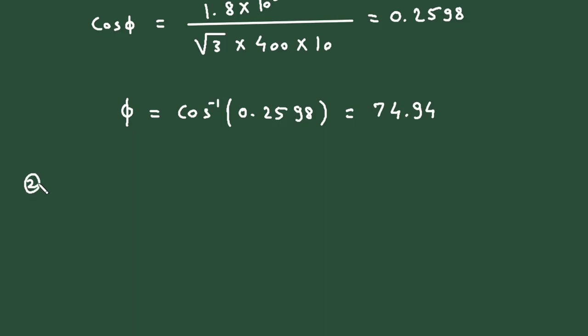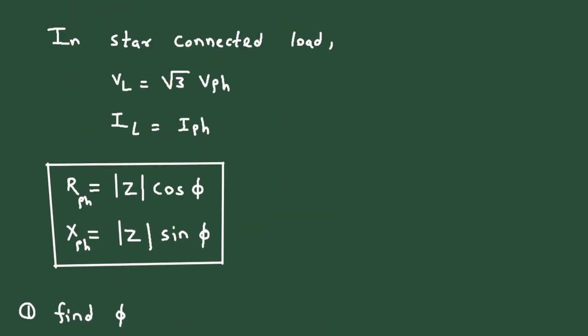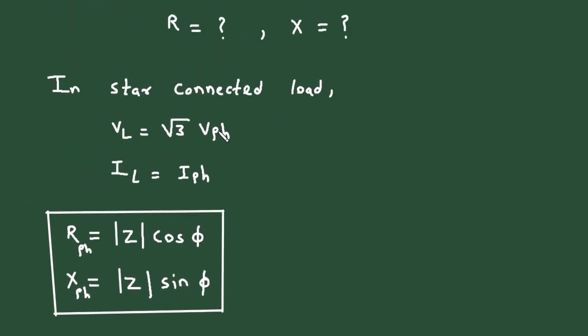Second, find impedance Z. We know that ZPH is equal to VPH divided by IPH. We have the value of line voltage, and the relation between line voltage and phase voltage gives VPH equal to VL by root 3.